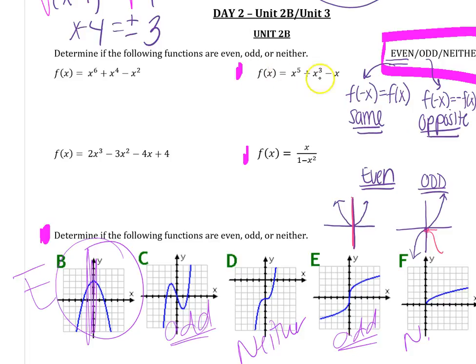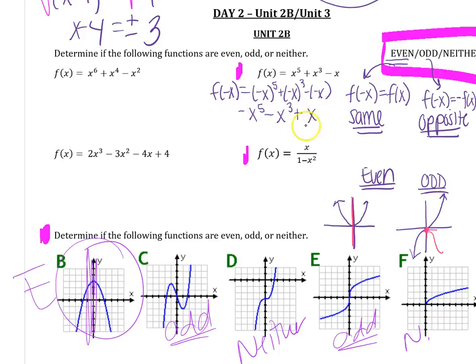Alright, so going through this example I have bulleted here, if I evaluate it at negative x, a negative raised to an odd power will still be negative. And then this is -1 times a negative, which will make it go positive.